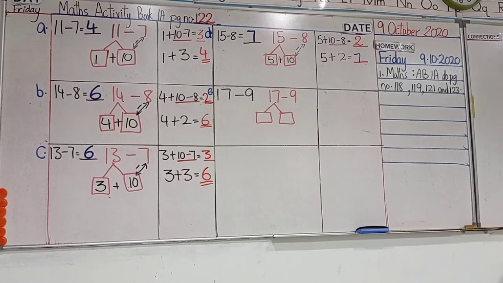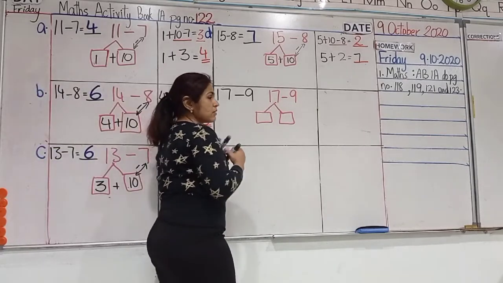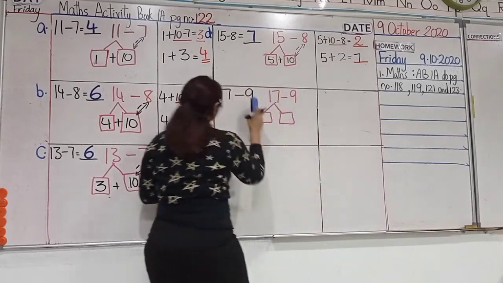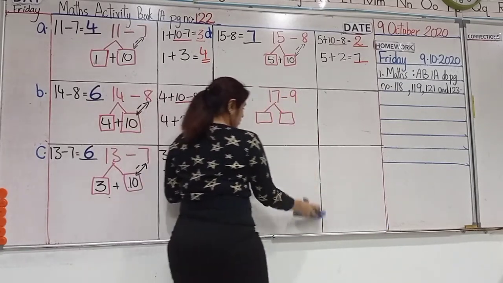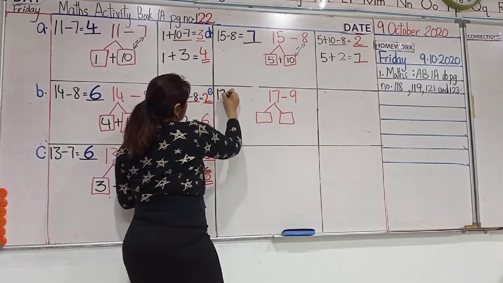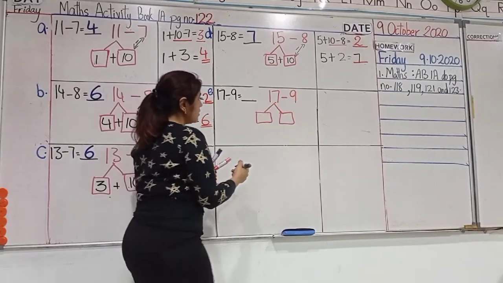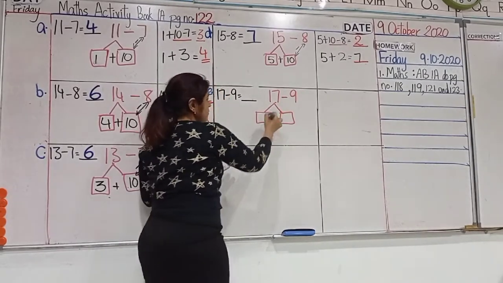Vienna? Start coming. Write 17 minus 9. Okay, split 17 into 2 parts. 10 plus 7.